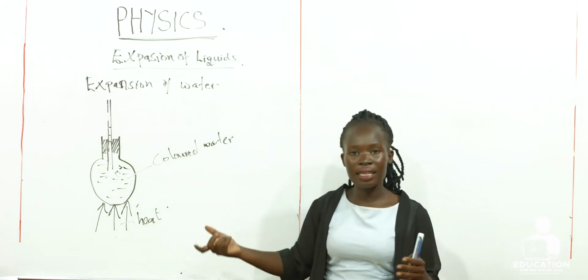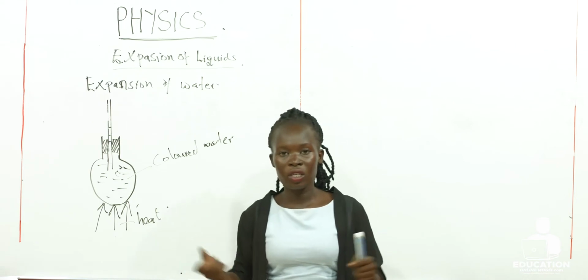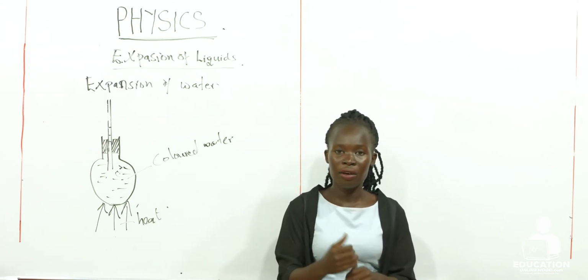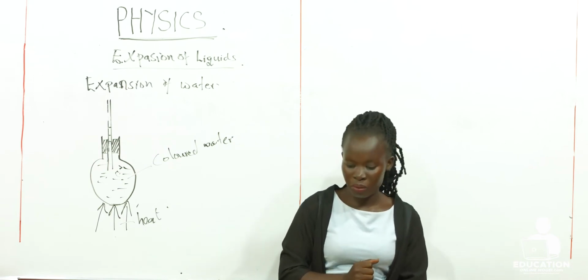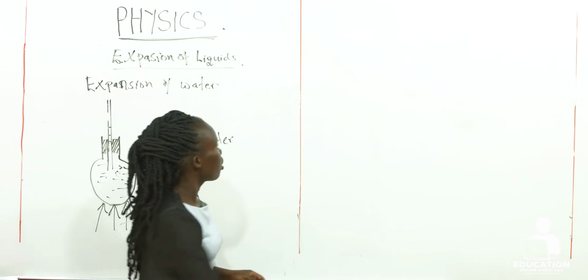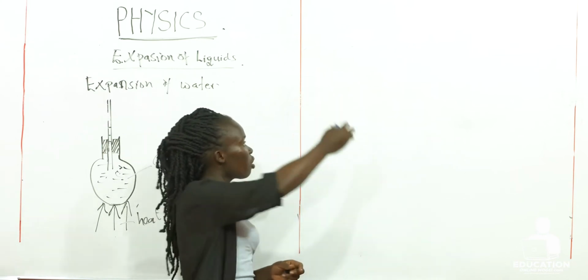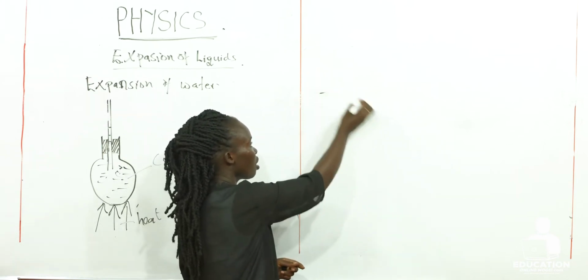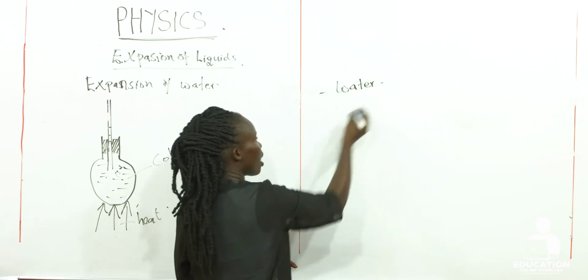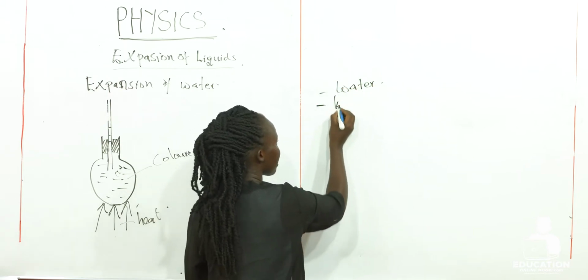So we say that liquids expand; actually, they expand at different rates. How is that possible? Let's take a look at an example. We shall have three liquids like water. Let us see how it will behave with kerosene.